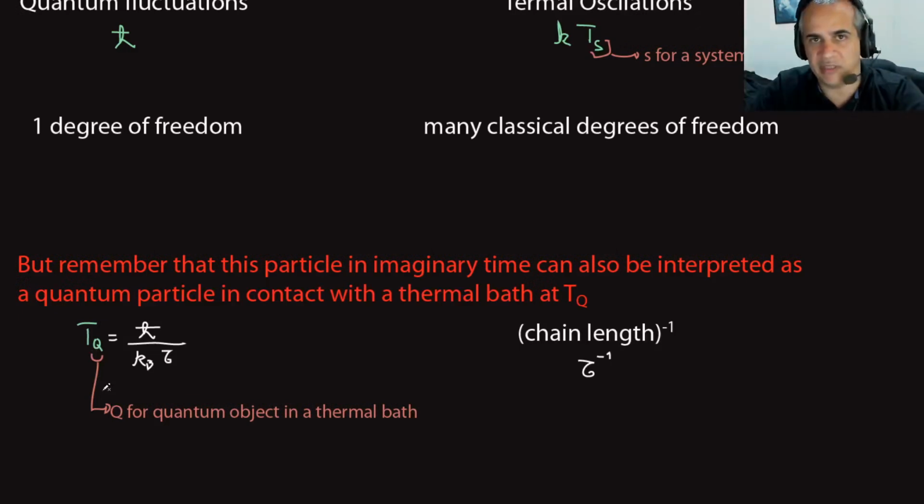We use this idea a lot. So if we want to do path integrals in Euclidean time, which many times is useful, right? But then we want to go to a system without a temperature. I'm talking about particles in a vacuum, for instance. I can do that in Euclidean time and then take this length to infinity.